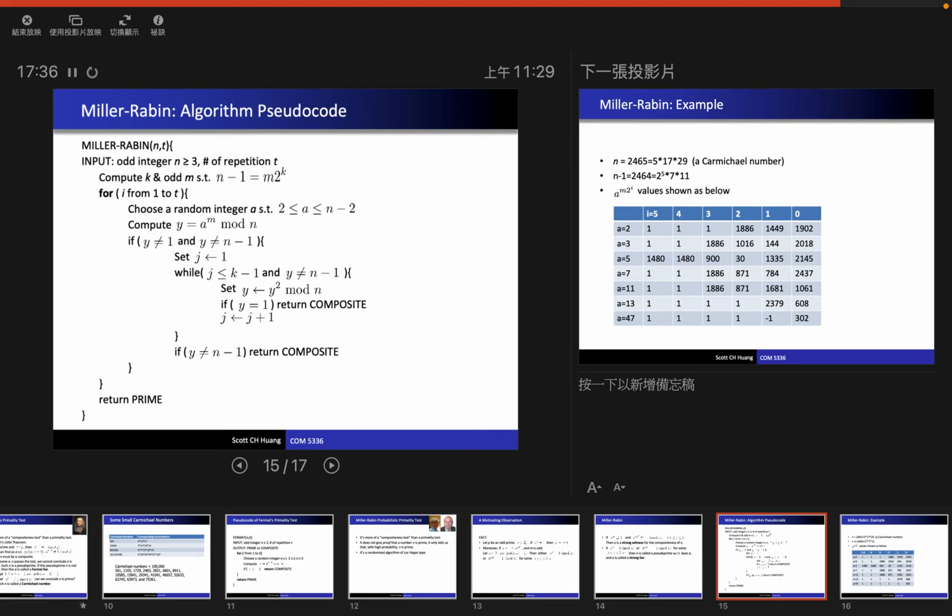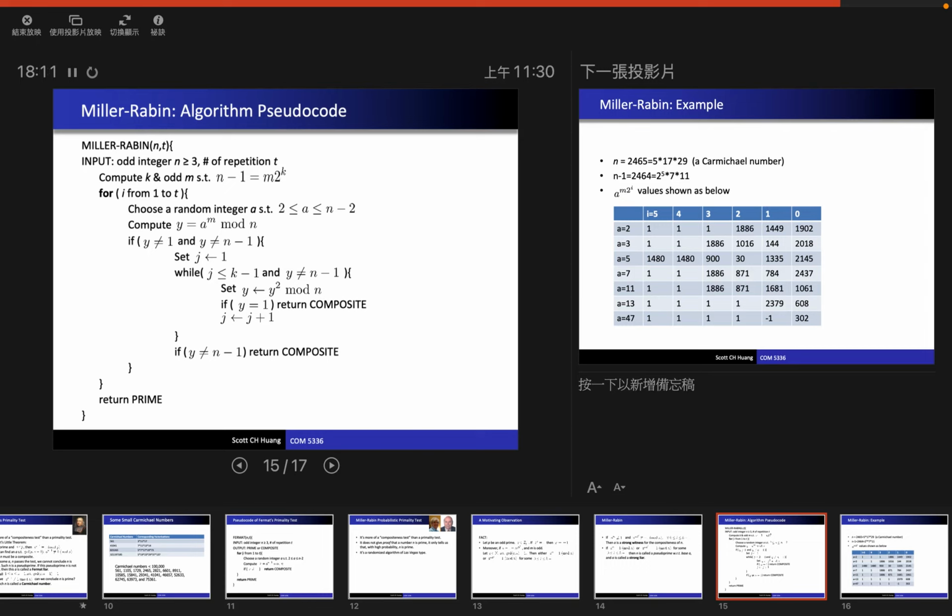We do these pre-computations. We pull out factors of 2, and then we compute this. Here we go from left to right. We first calculate this and then continue from left to right, because the calculation only goes from left to right. So let's take a look. If y is not congruent to 1, y is from the leftmost position, so y is not equal to 1.